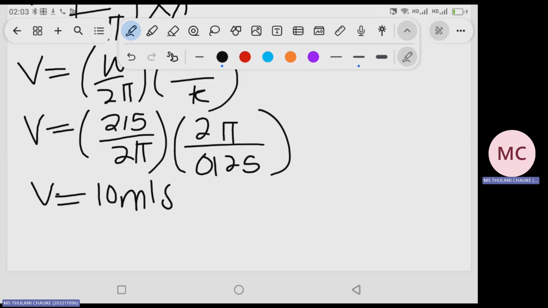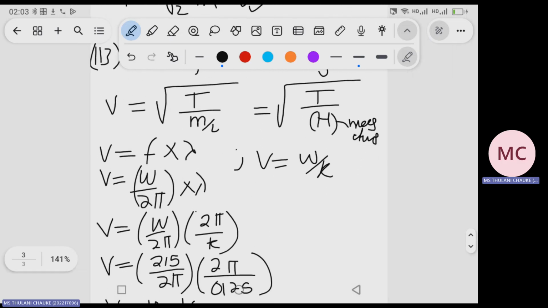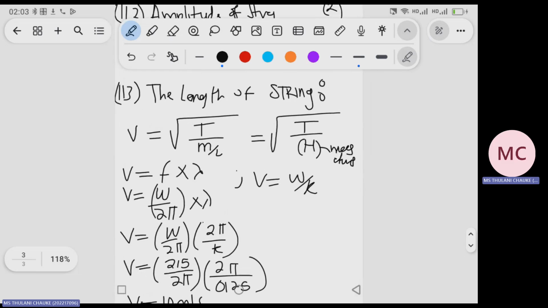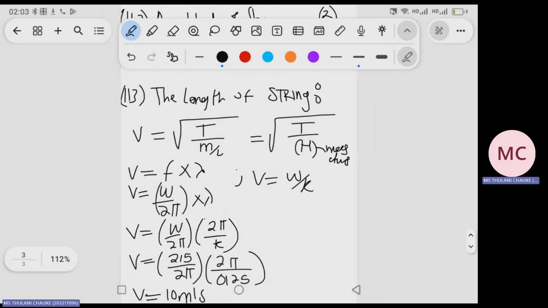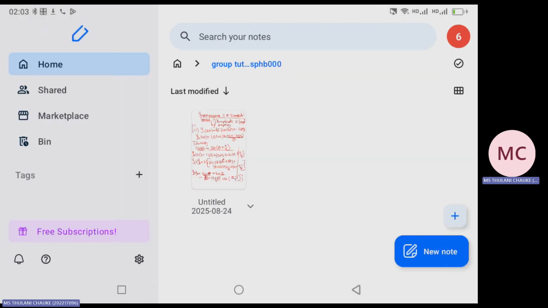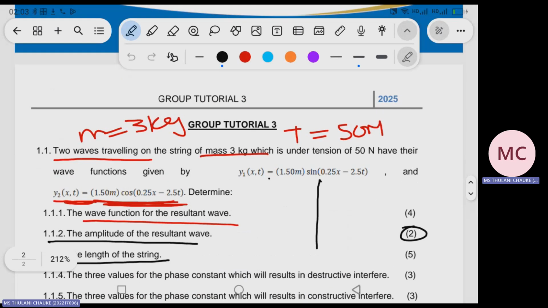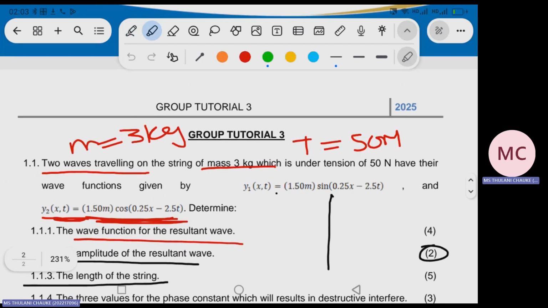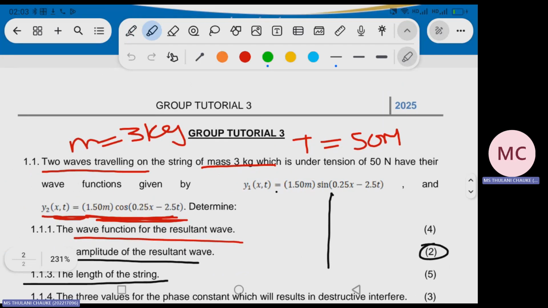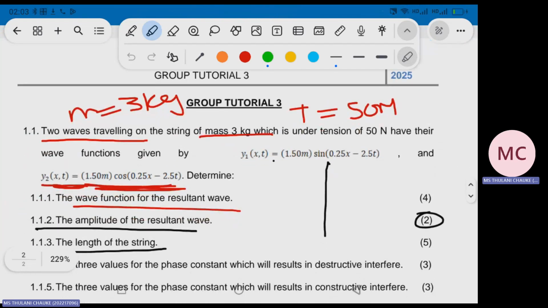And then now you'll have to calculate T, the tension. I think it was given in the question. Let's just go back and check. Yeah, the tension of our string. So it's traveling on a string of mass 3 kg, which has a tension of 50 newtons.